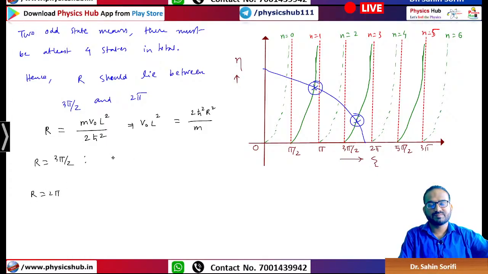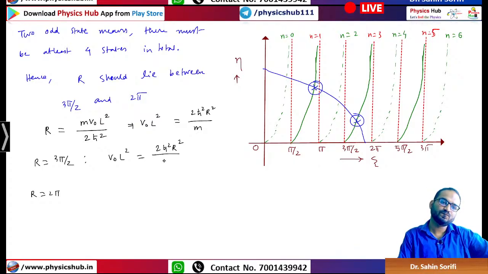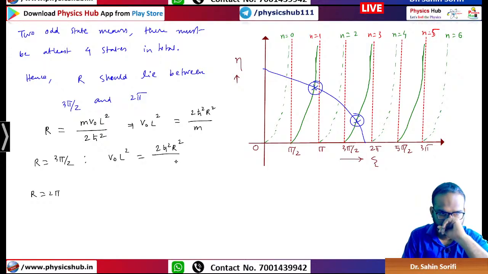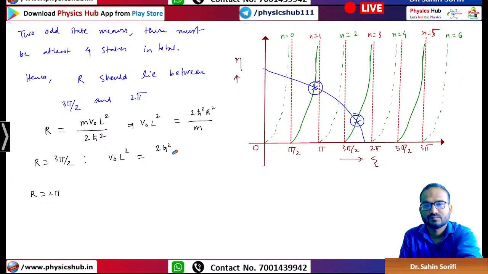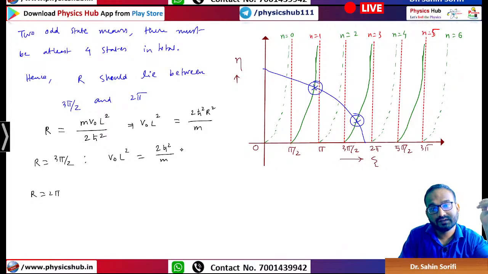So when R equals 3 pi by 2, V naught L square equals 2 h cut square R square by m, R square means 9 pi square by 4.